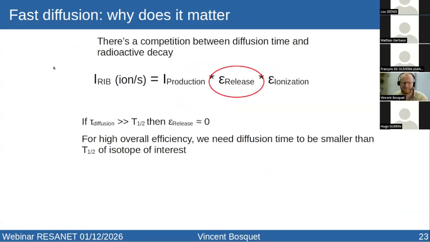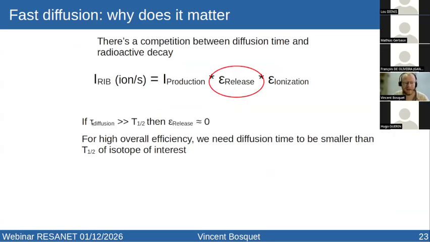And now there's this question. Fast diffusion, why does it matter? Why do we want to have a fast diffusion of radioactive atoms outside of the target? Well, there's a competition between diffusion time and radioactive decay. If we look at the formula that I've shown you earlier, the second term, the release efficiency, will depend on the diffusion time and the half-life of the isotopes.